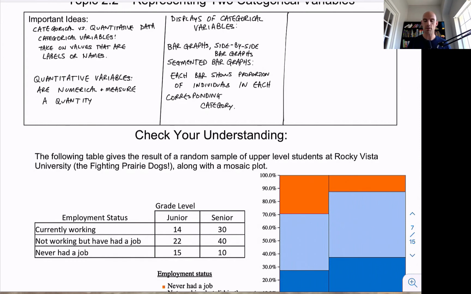Association. That's what we're going to be very interested in statistics: what is the association? Is this data significant? Does the fact that we got this number actually mean something?